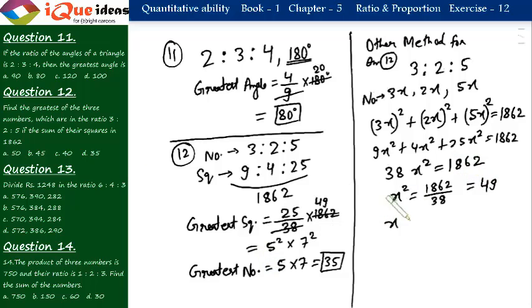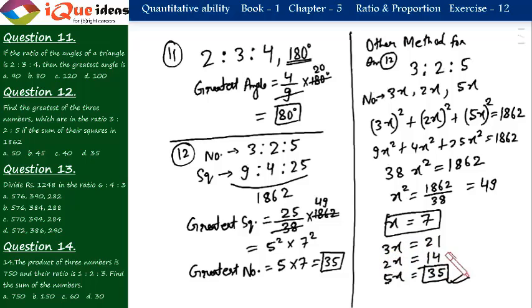That means x is equal to 7 because 49 is 7 square. If you get x, then you can find all the numbers: 3x, 2x and 5x. So 3x would be 3 into 7, that is 21. 2x would be 2 into 7, that is 14. And 5x would be 5 into 7, that is 35. Hence the greatest would be 35. The question is asking the greatest one only. Be careful, right?